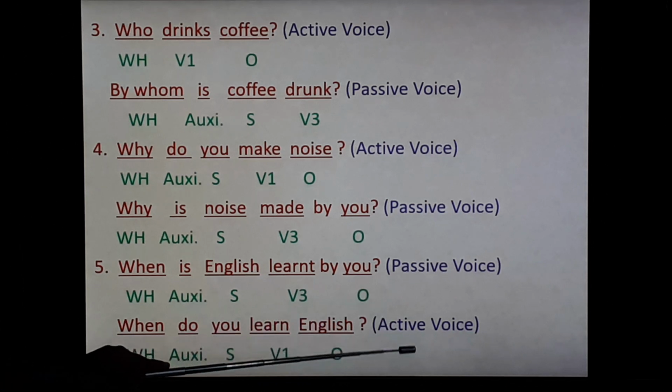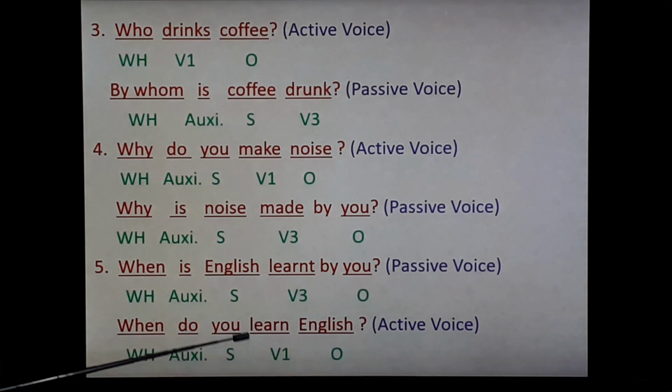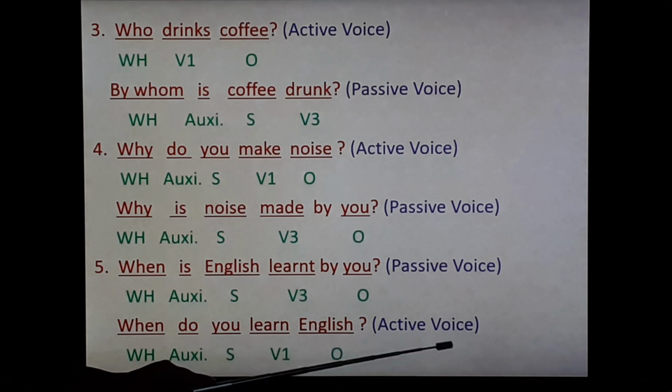Why? Because we are making active voice, so the V3 form will not come. So what is the V1 form of learned? Learn. And then English. In passive voice, the subject becomes the object in active voice. So English will come. Then put a question mark. So, when do you learn English? This is active voice.